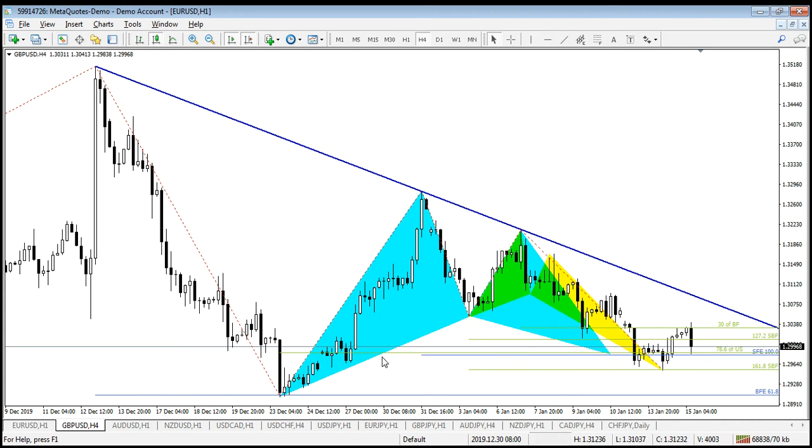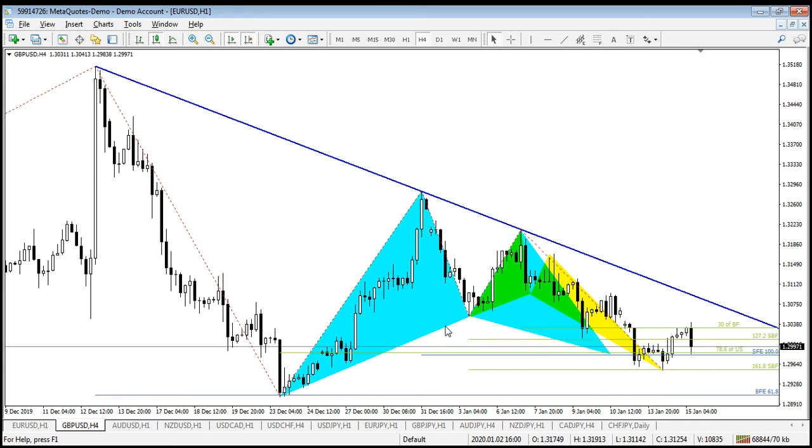That was the 78.6% retracement of this upswing, and a smaller Fibonacci extension 100. This is a smaller Fibonacci extension A, B equals C, D. That is ABCD 100. So there was a mild reaction, price came down here, and a very small reaction was here, and then price fell down and completed the 161.8% of this butterfly.